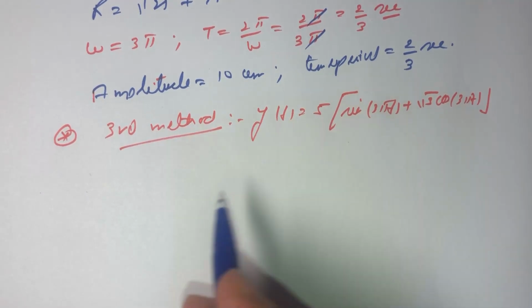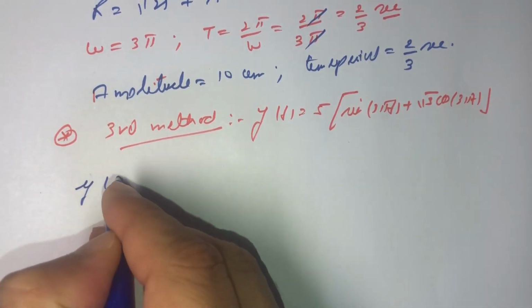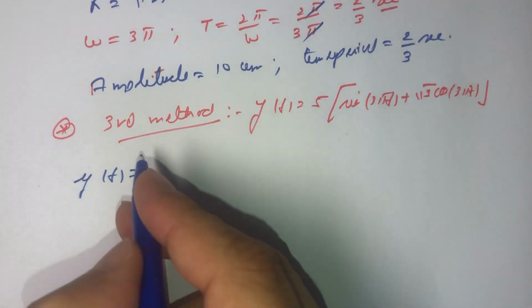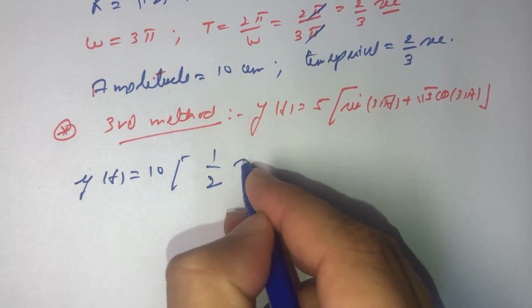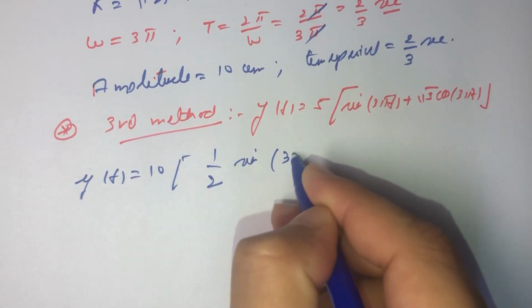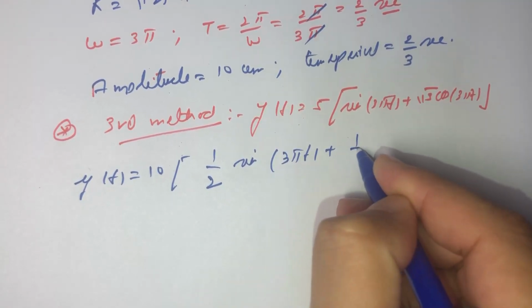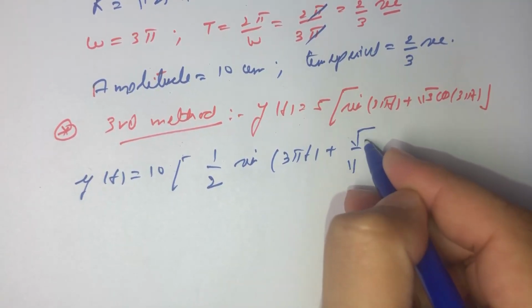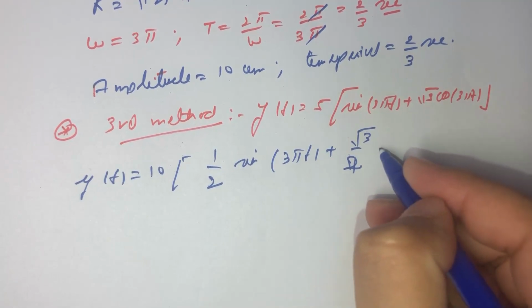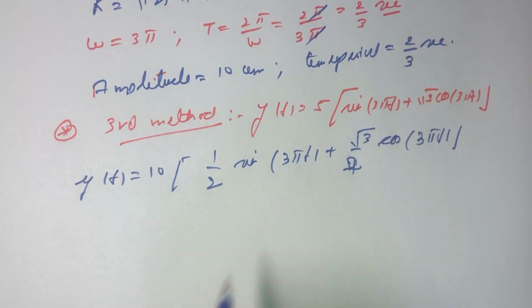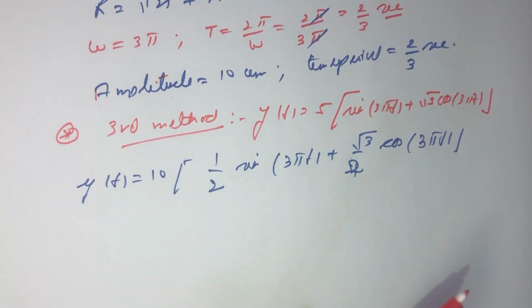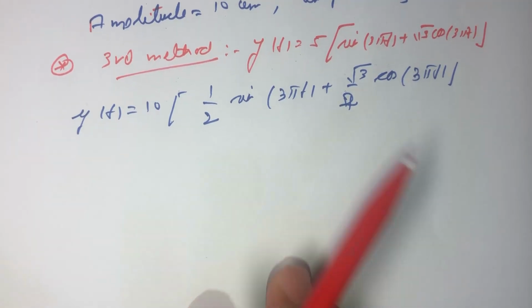We divide and multiply by 2, so we get y(t) = 10 [(1/2) sin 3πt + (√3/2) cos 3πt].